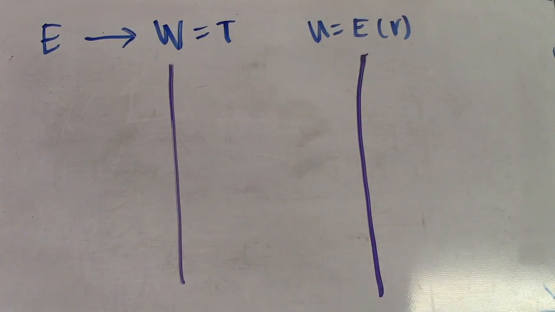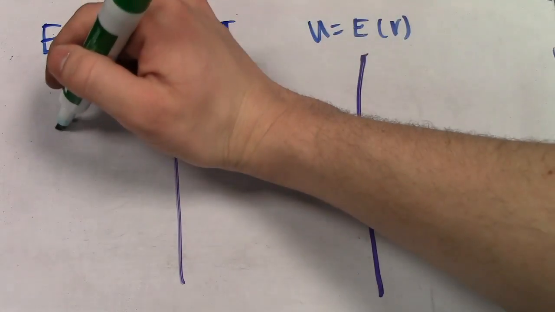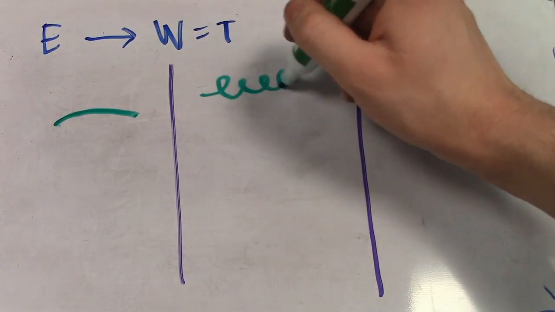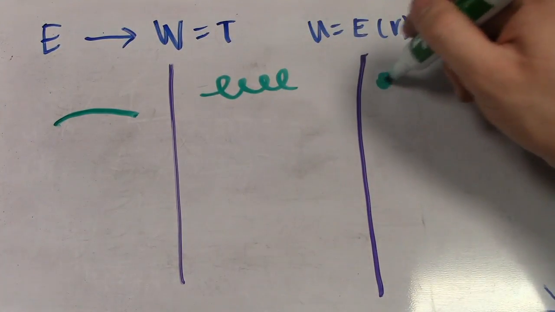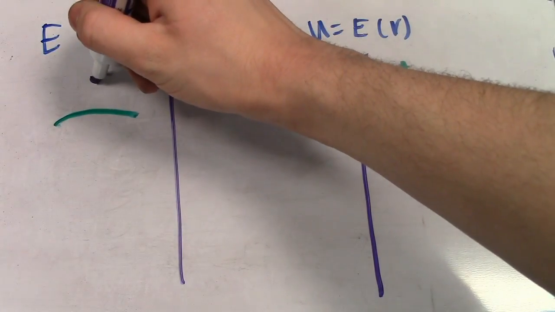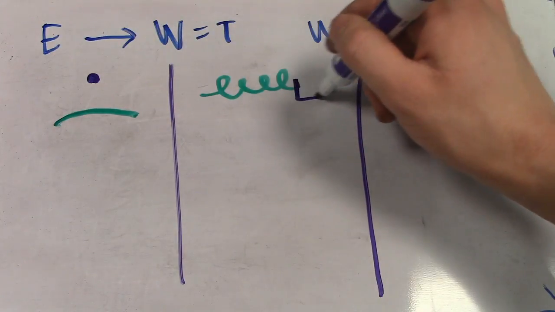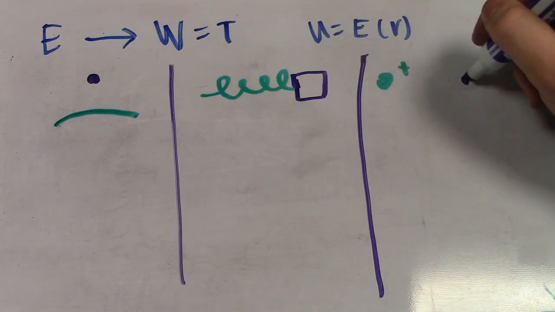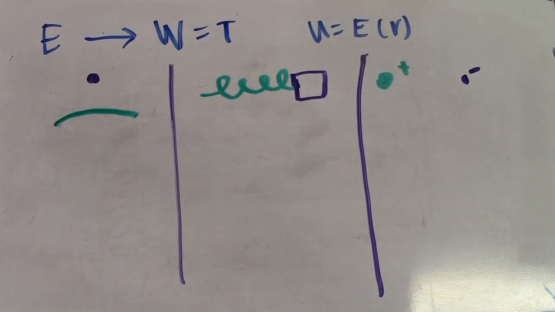Potential energy results from conservative forces, which are forces that depend entirely on the position of an object. Some examples are gravitational potential energy, which is calculated as U, the potential energy, equals mass, m, times the gravitational acceleration, g, times the change in height, h, of the object.